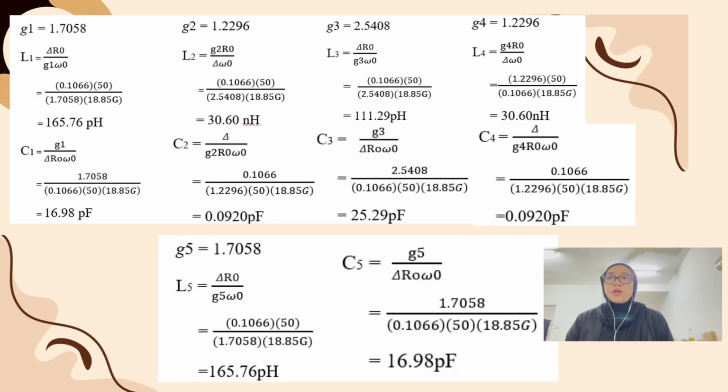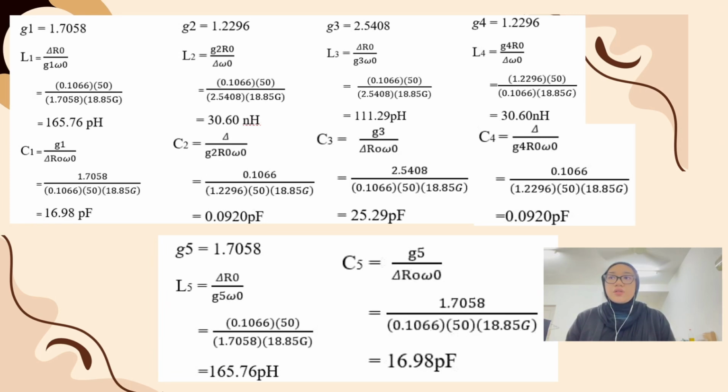We calculate G1 until G5 based on our result for N equals 5 and 0.5 dB ripple. So G1 equals 1.7058.